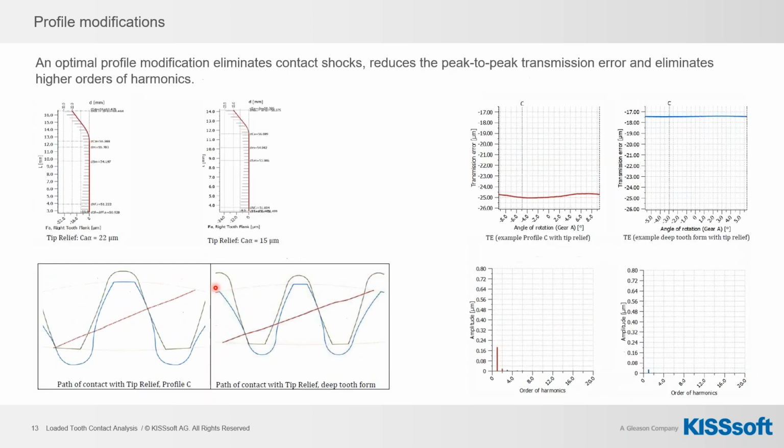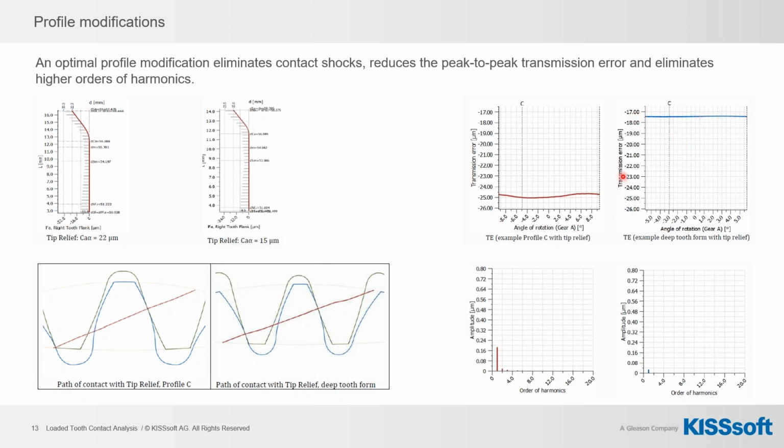However, if we now apply appropriate profile modifications, which we can compare over here, we can see that we have eliminated the contact shocks for both of these different tooth meshes. And you can see that these higher orders have disappeared and the signal is becoming very smooth. Whereas in the case of the deep tooth form with this high contact ratio, after optimization, you can see that the transmission error is almost a straight line.